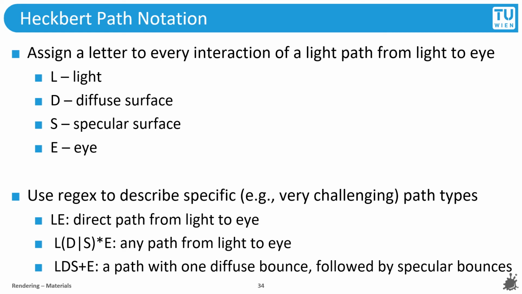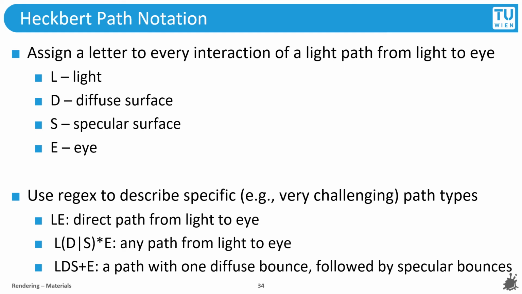Properties like this can easily be expressed with the Heckbert notation. We use the basic letters L for a light source, D for diffuse surface hit points, S for specular interaction, and E for the end of the ray at the eye. A full path can then be described by a regex combination of these letters.